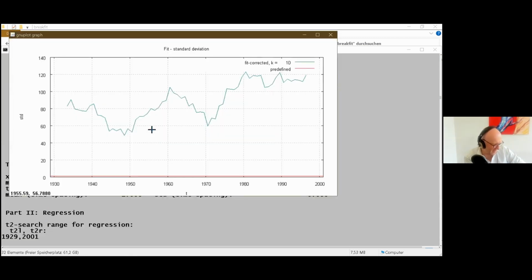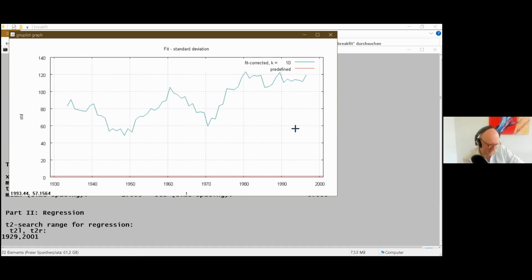I press again enter. This plot shows the time-dependent standard deviation using a window that contains 10 points. Okay? It doesn't matter whether our fit value is here or there. We just assume it is a constant. For the numerical result, it doesn't play a role. I can also take 80.